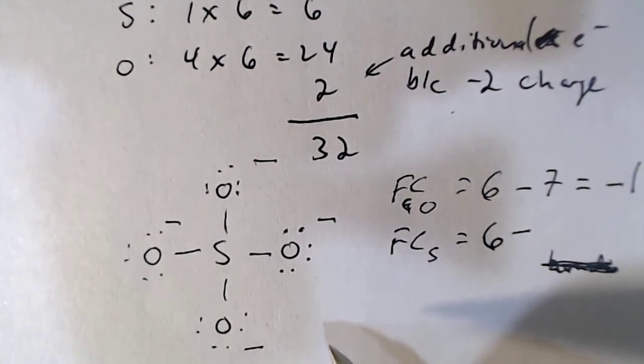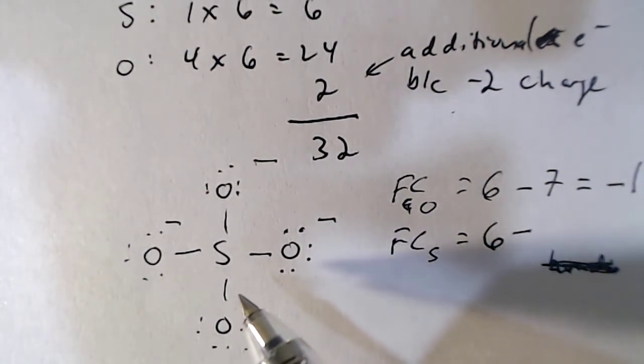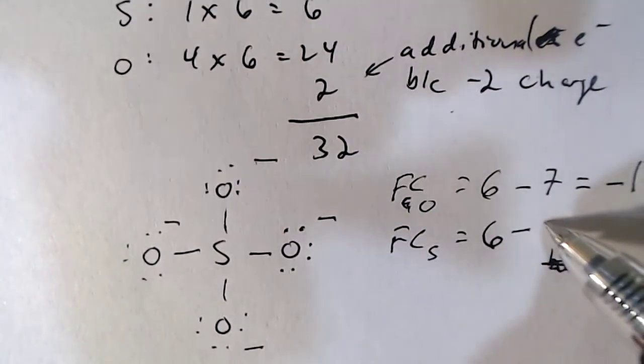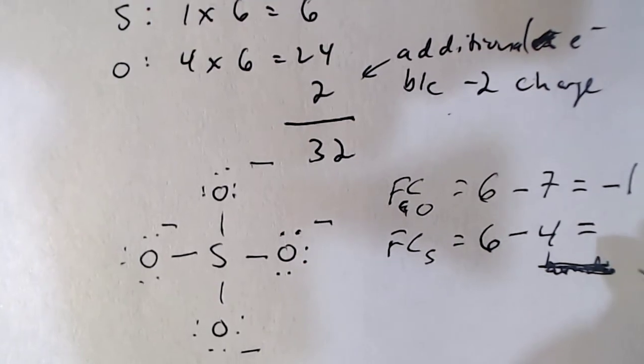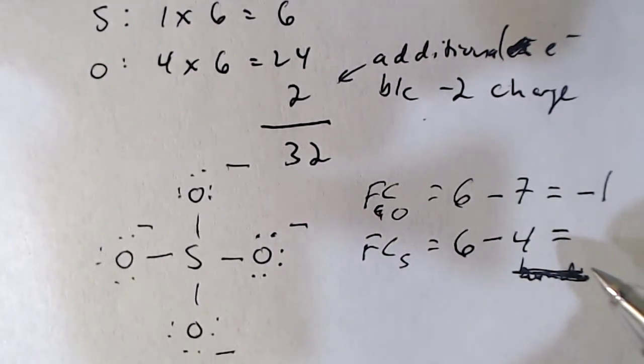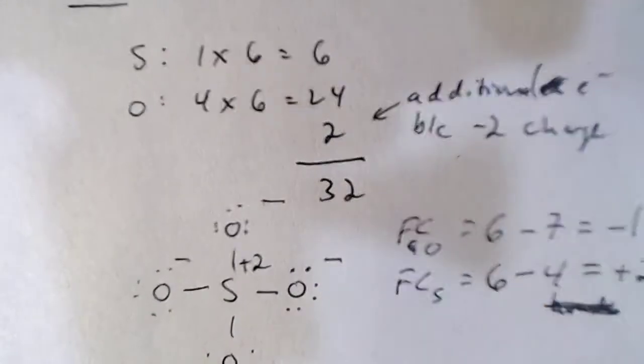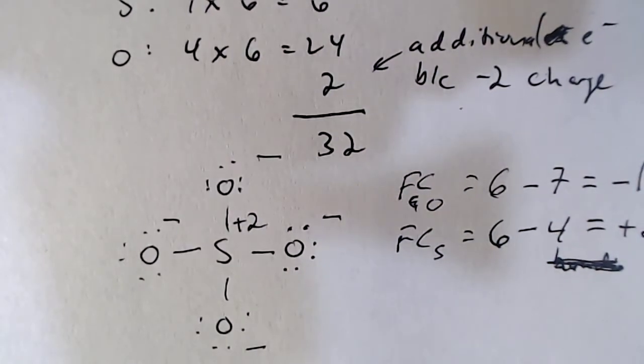But right now, it only has belonging to it just this 1, 2, 3, 4. So there are fewer electrons around the sulfur than there would be if it were a pure atom, and so there's a +2 overall charge on this sulfur. So this is not optimal.